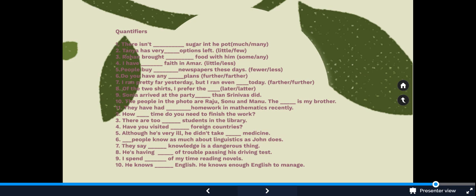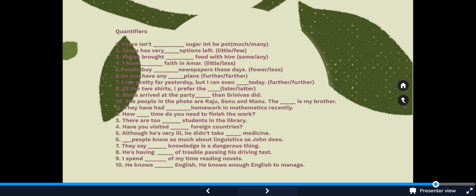The dash is my brother. So I want to say that Sonu is my brother. So which one will I use, later or latter? Yes, latter, because we are looking at the order and we are talking about the second person in the list. That is why we are using the word latter. If we are talking about the first person, then we use the word former.